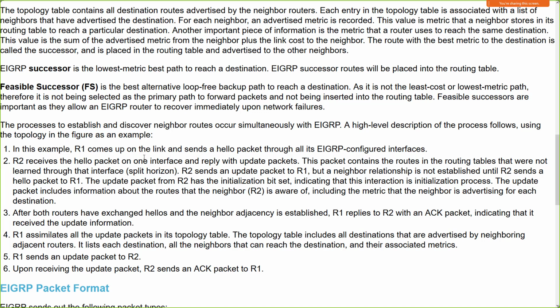All right. So I'm not going to break down these bullet points here, but basically all they're saying is that we send our hellos. The hello packets allow us to form an adjacency. Once we've formed the adjacency, we send the updates to the peers. The updates are the routing information. We acknowledge those updates and so on, and that's that. We've become fully adjacent.